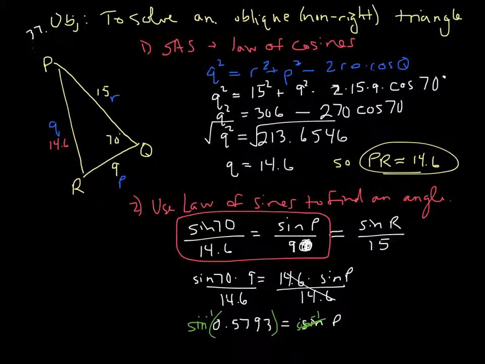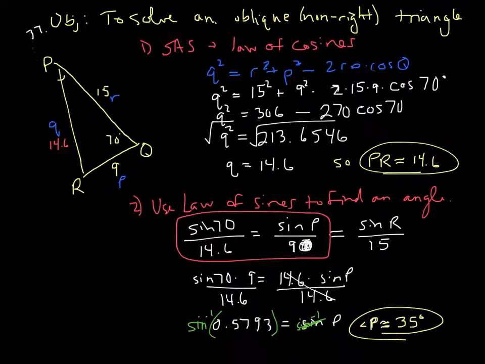So that cancels, and I end up with angle p is equal to approximately 35.4. They said round to nearest degree, so 35 degrees for my angle p up here.